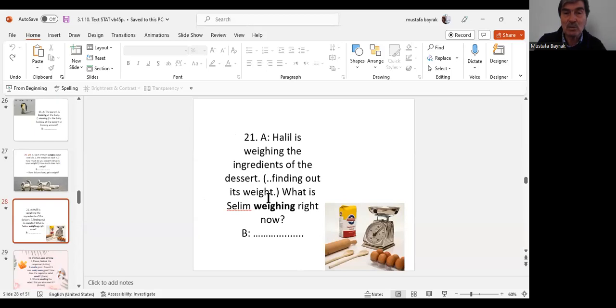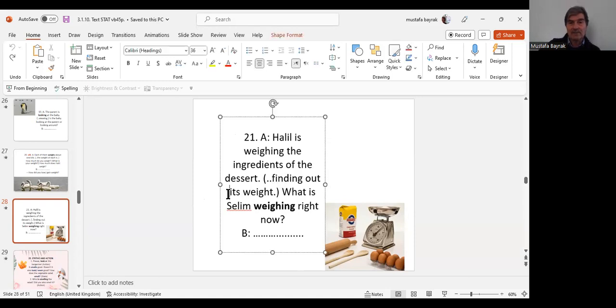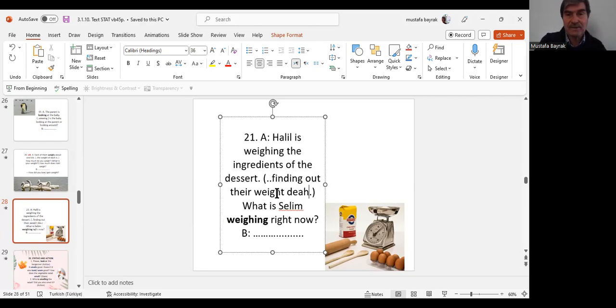Each of the ingredients is plural, so Halil is finding out their weight each.